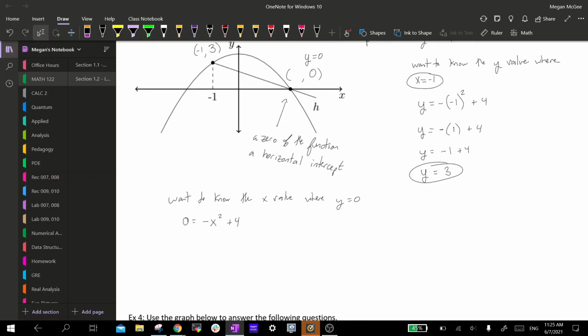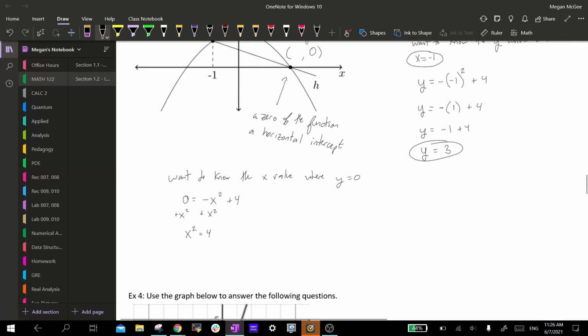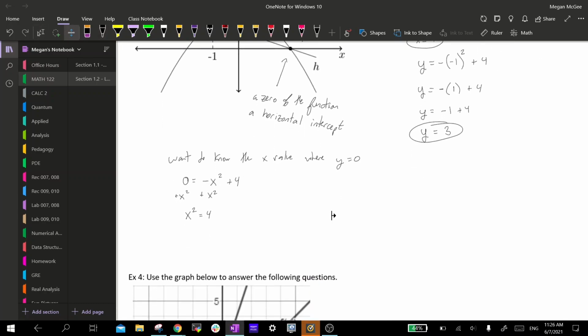Alright. Then I'm going to add x squared to both sides. So now I get x squared is equal to 4. And how do we undo a square? Well, we undo a square by taking its square root.